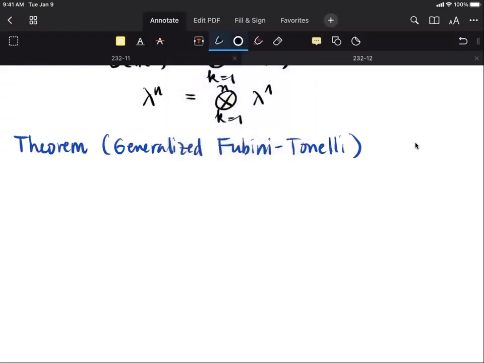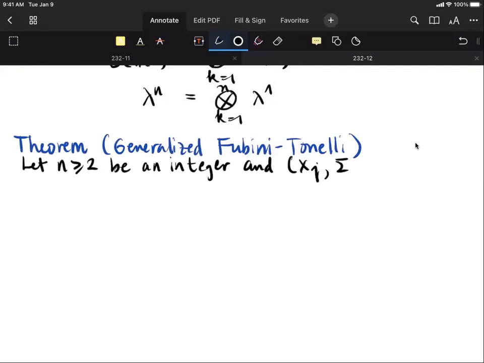So let us consider a positive integer greater or equal to 2. N equal to 2 will be your usual Fubini-Tonelli theorem. And a finite collection of sigma finite measure spaces.